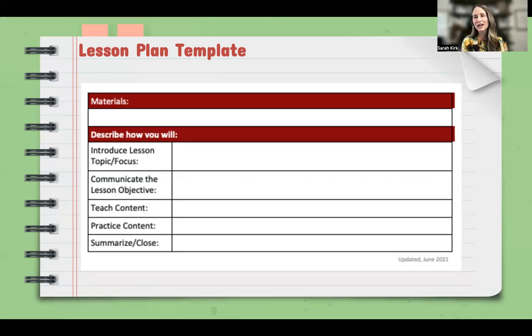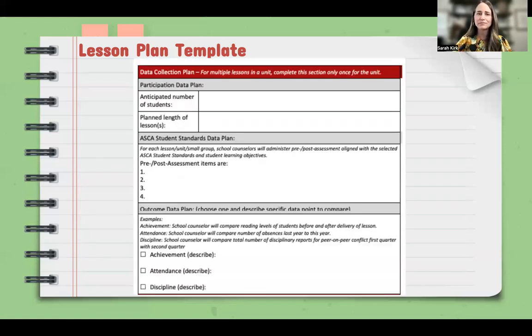And then we want to summarize what we learned and close. So every small group should follow this progression. And our classroom lessons should too. So our students are going to become really familiar with how we run our lessons, and that will really strengthen what we provide.